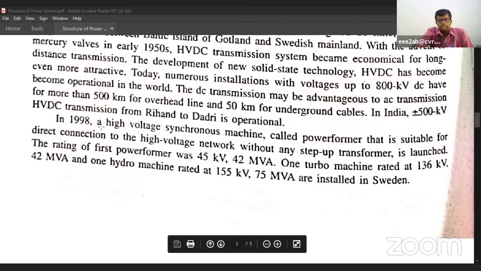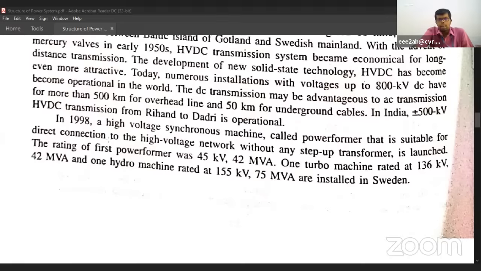Next, in 1998, a high voltage synchronous machine called Powerformer, suitable for direct connection to the high voltage network without any step up transformer, was launched. The first Powerformer was 45 kilovolt, 42 MVA, with one turbo machine rated at 136 kilovolt and one hydro machine, installed in Sweden.